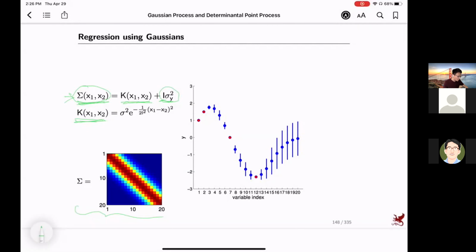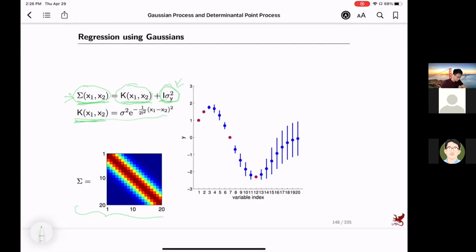In this case, the covariance of x1 and x2 will be composed using these two parts. One is the kernel function. The other one is some random noise we want to include. So the kernel function is this one, but we want additional randomness there for this covariance computation.